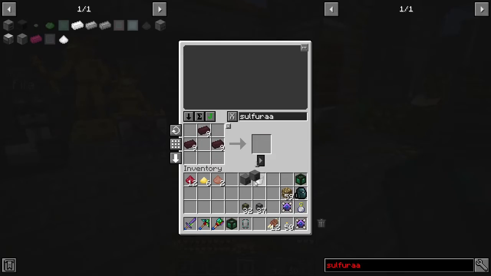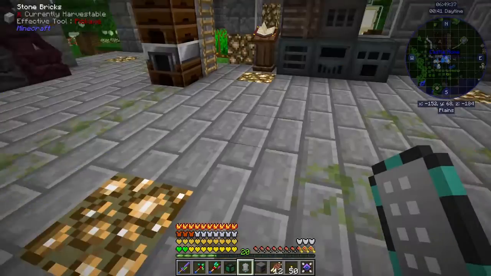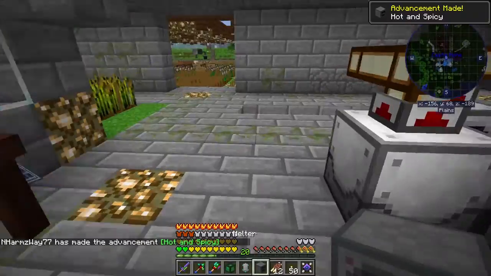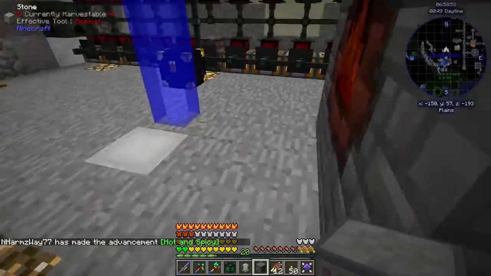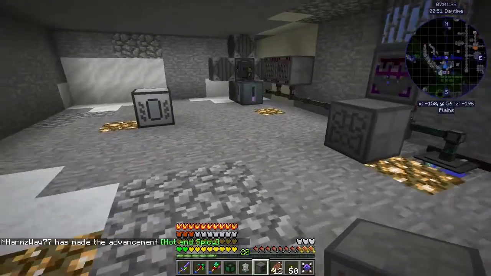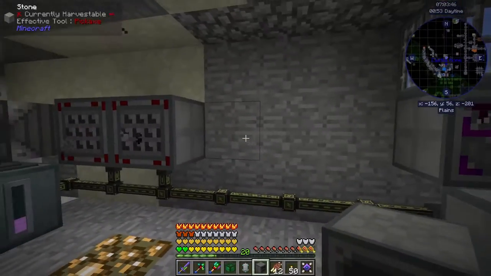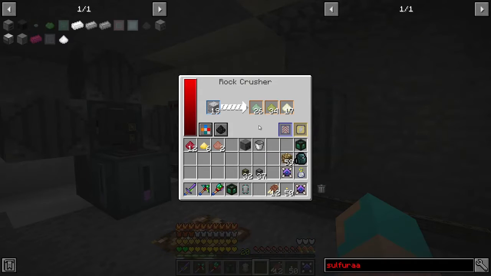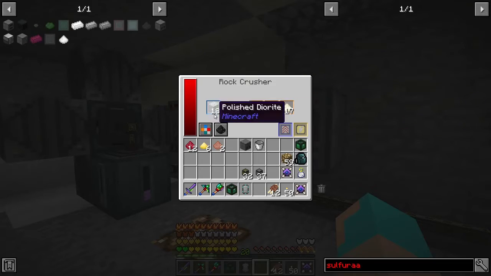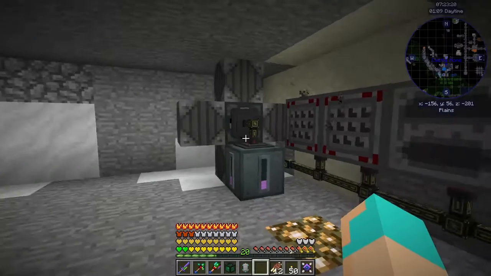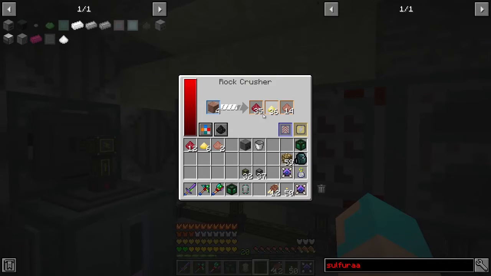Alright, so melter to get us the sulfur melt. The liquid sulfur, right? Okay, so melter. Melter here. Crushed carbonite, zirconium, fluorite. This one has sulfur.